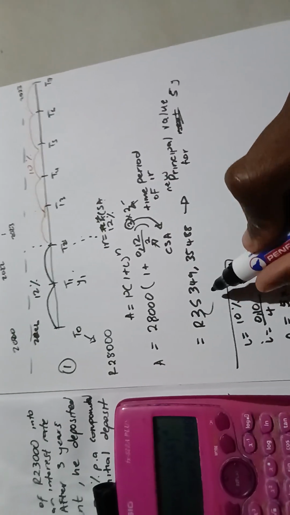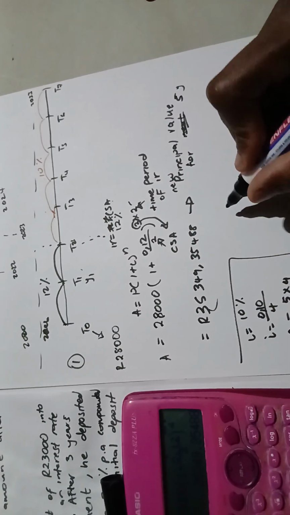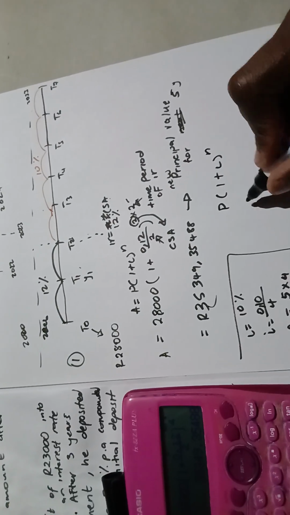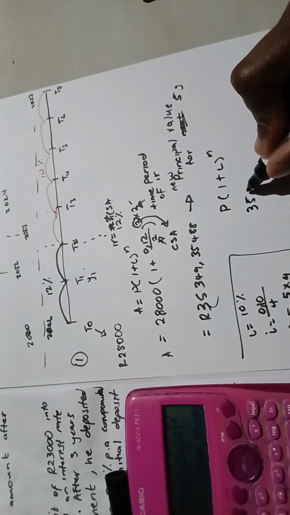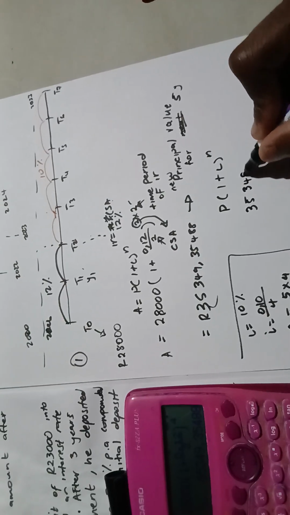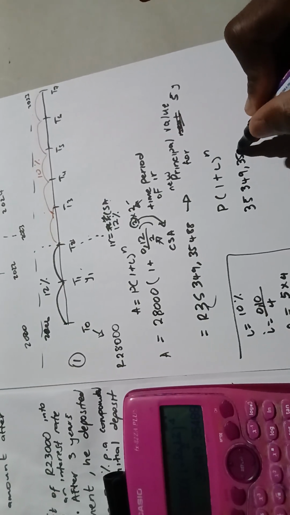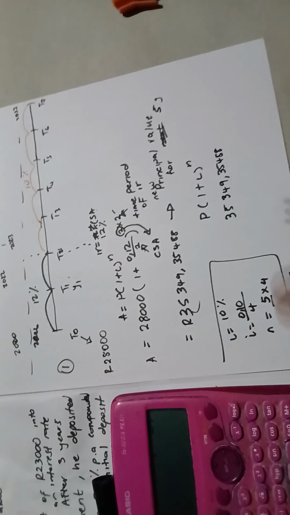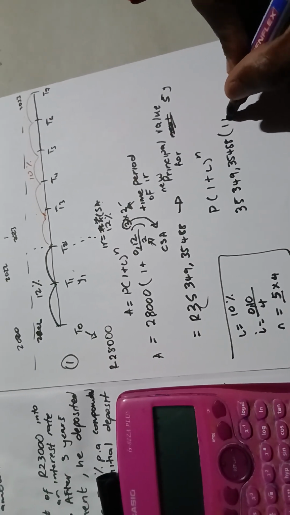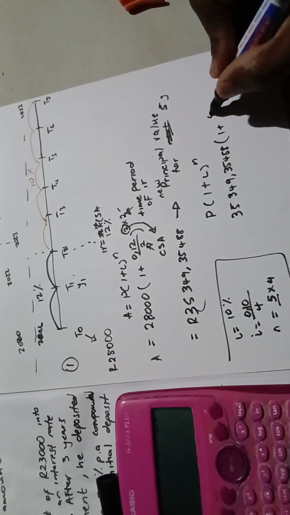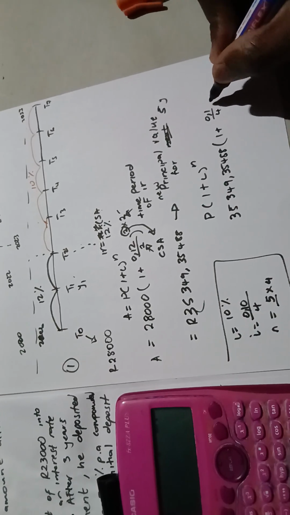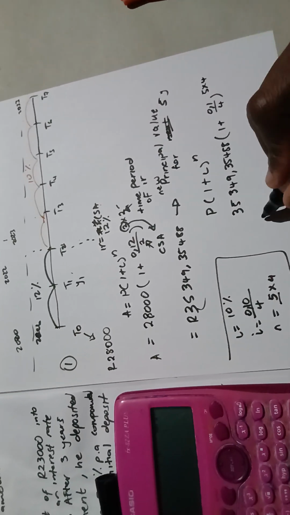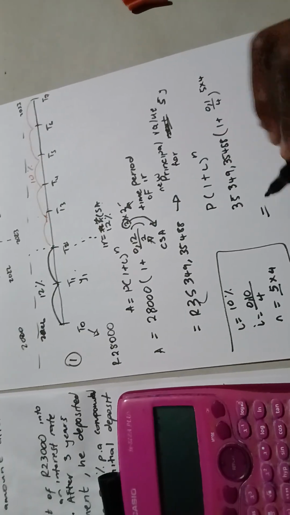So it's 35,000, which is our new principal value. Let's just note it, because we will be using it again. It's 5 multiplied by 4 equals to.